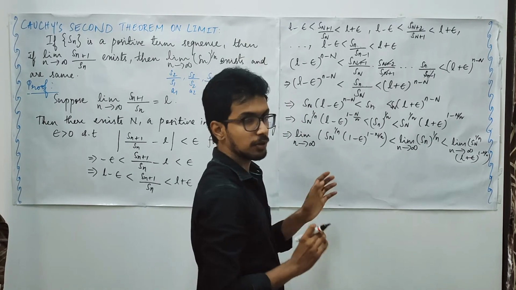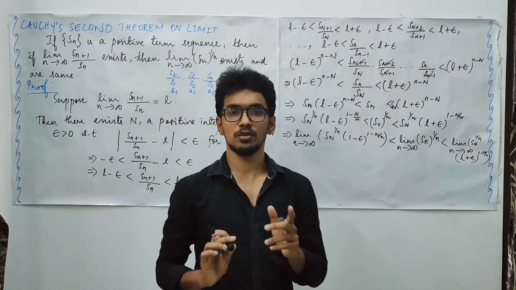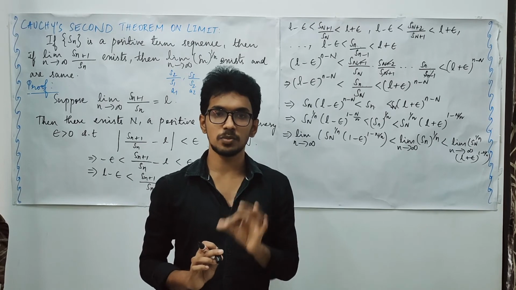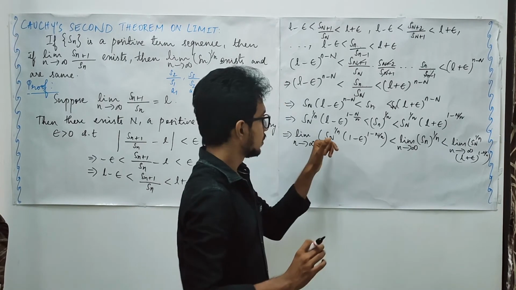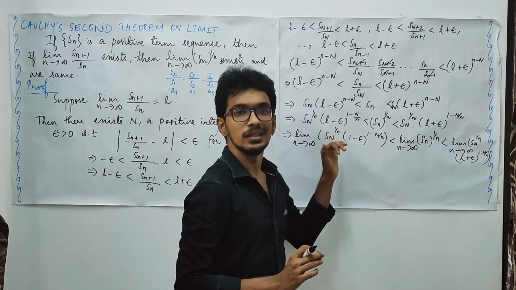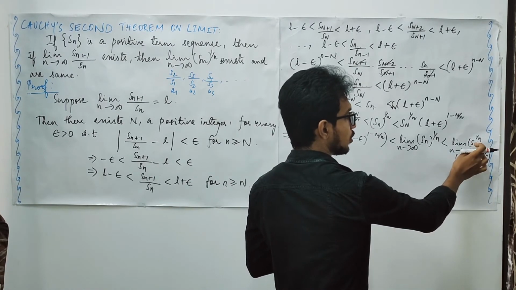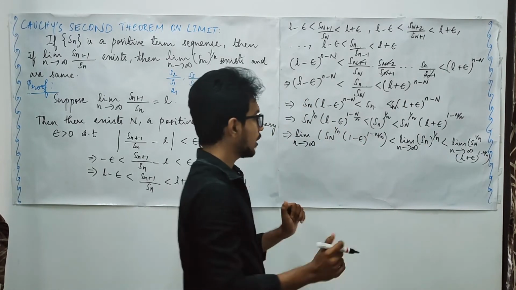When we make n approach infinity, the power becomes what? It is approaching 0, right? And this is a positive quantity, which means it is greater than 0. So this will go to 1, and this will also go to 1. And this goes to 1 minus 0, right?